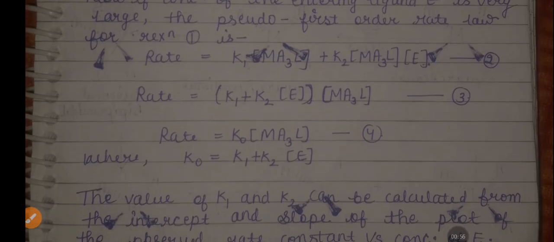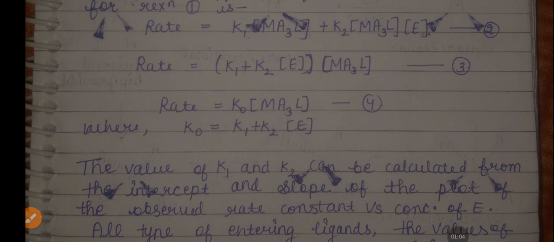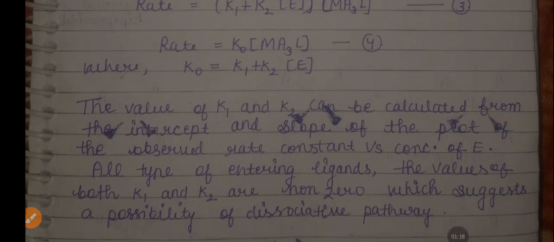Equation second. Rate = [Ma3L](K1 + K2[E]). Take K naught = K1 + K2[E]. Put in the rate equation: rate = K naught [Ma3L].